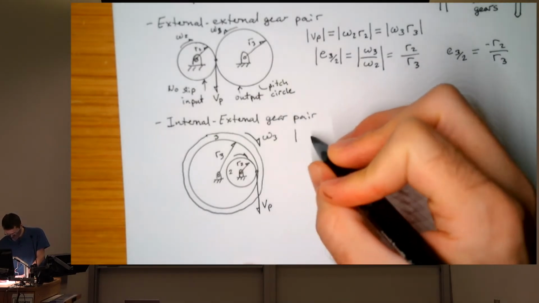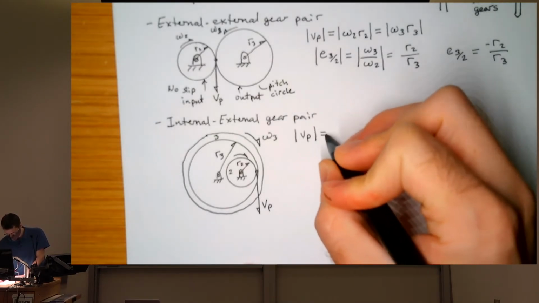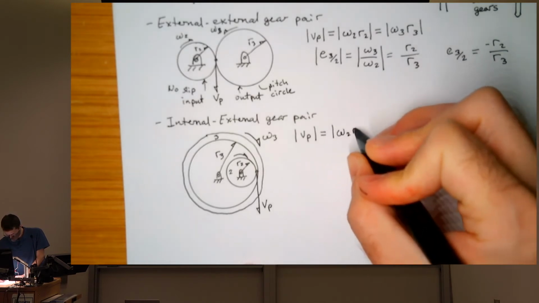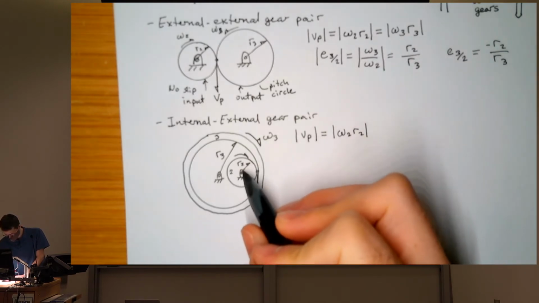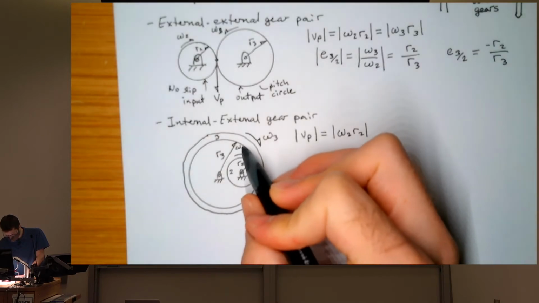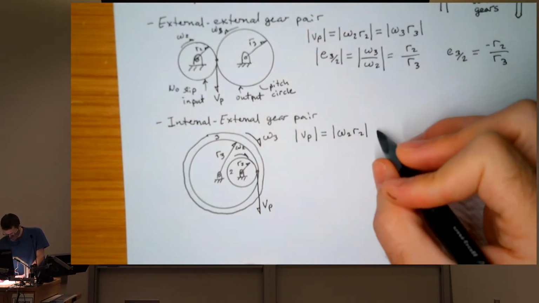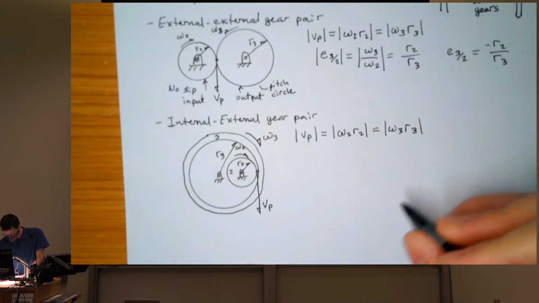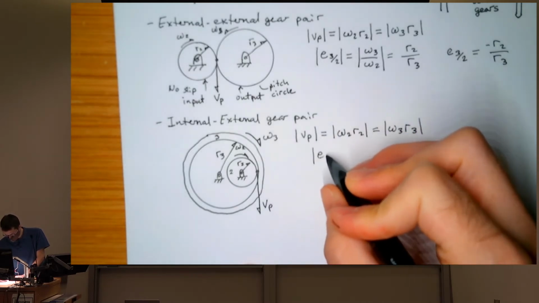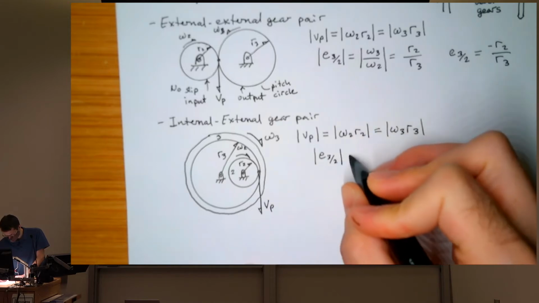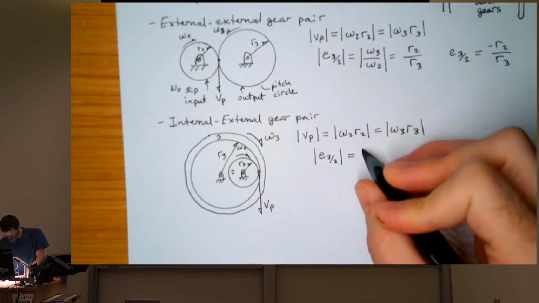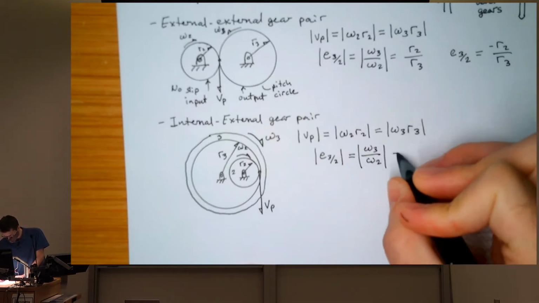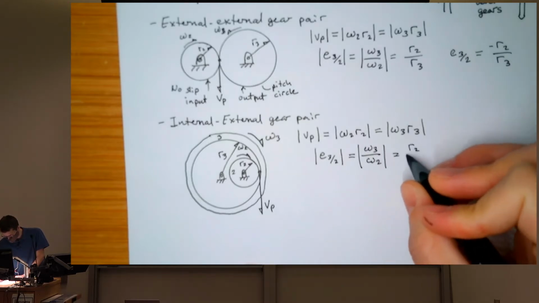So in that case, it's a similar analysis. We have the absolute value of VP is equal to omega 2 R2 because it's some radius R2 and it's moving at a speed omega 2. And it's going to be equal to omega 3 R3, like that. So we get exactly the same expression for the magnitude of our gear ratio. We have omega 3 over omega 2 is equal to R2 over R3.